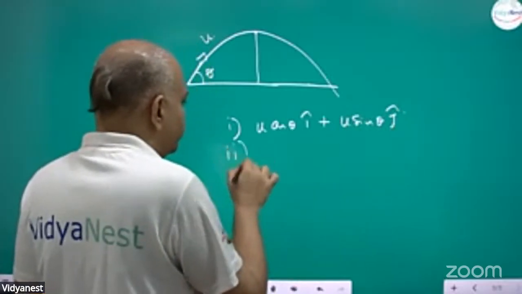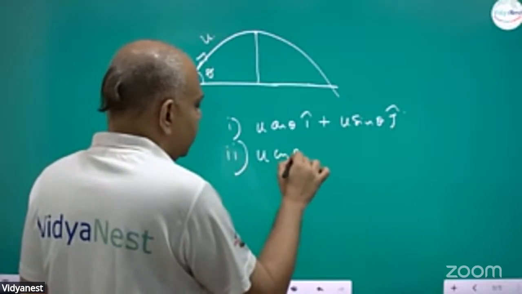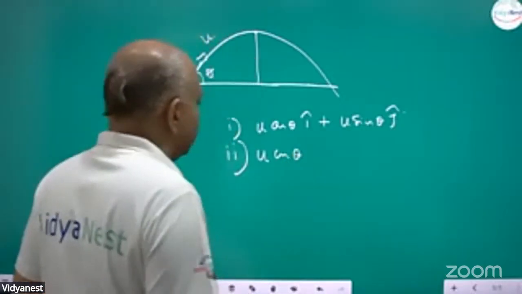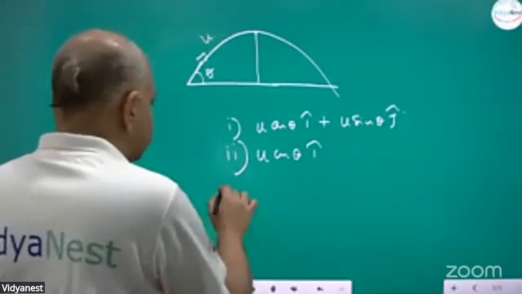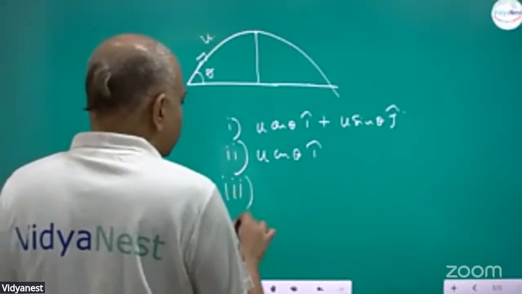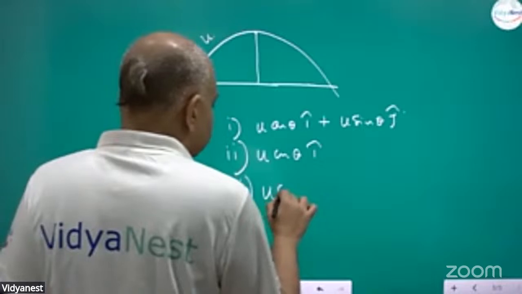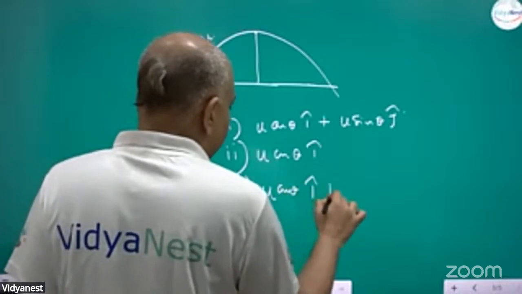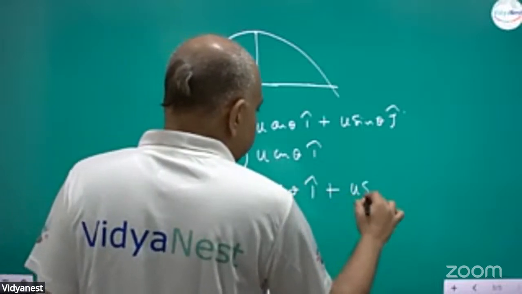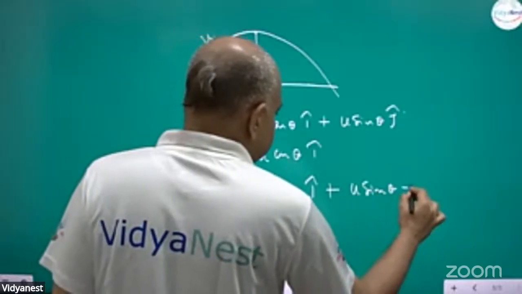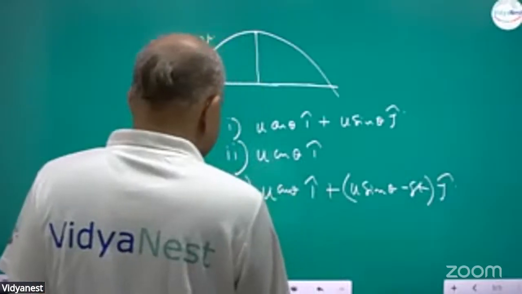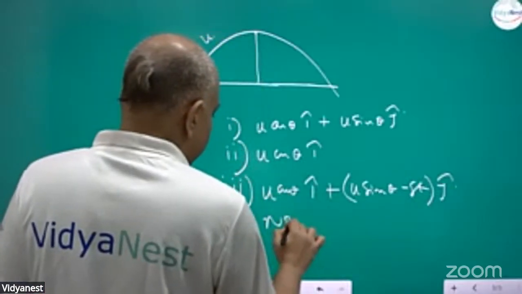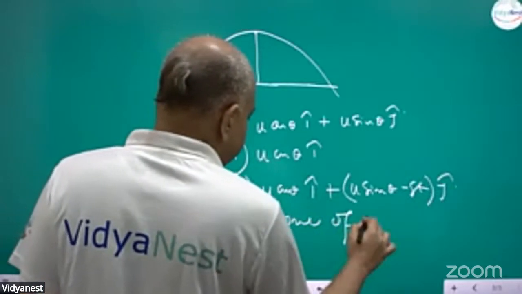Option 2, u cos theta i cap. Option 3, u cos theta i cap plus u sin theta minus gt j cap. Option 4, none of these.